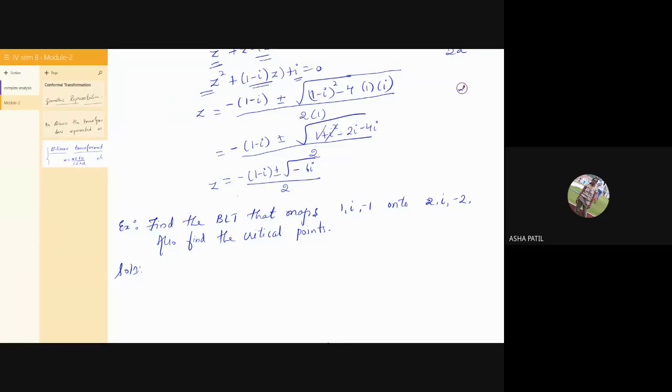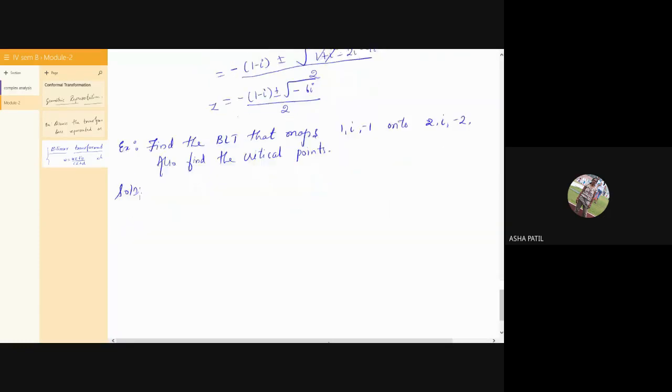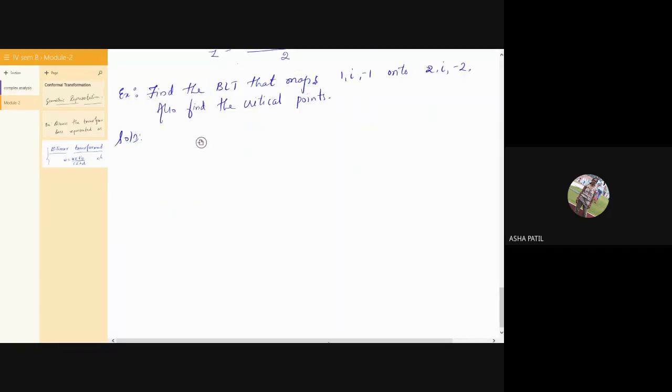Now, which are your Z points and which are your W points? It's not given here. In the previous example, it was mentioned which are your Z points and which are your W points. Which one will we take as Z points? These points map onto these points.